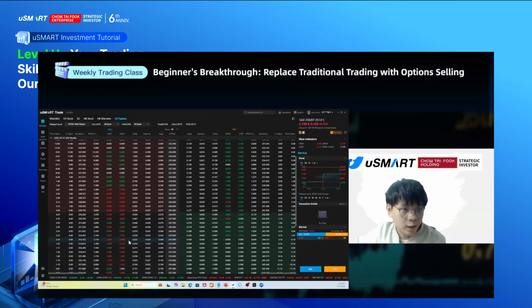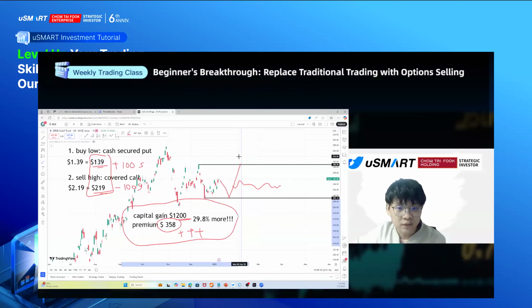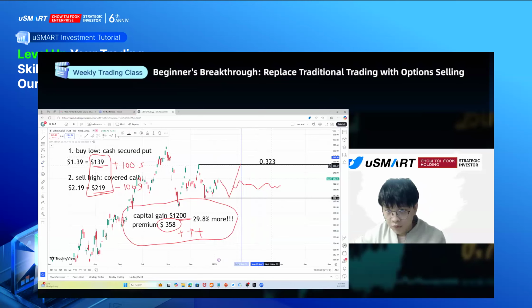The sell high, the delta is actually 0.323. So what does the delta tell you? You don't need to understand what delta is, but there's a saying that delta is roughly equivalent to the percentage chance that it is going up.